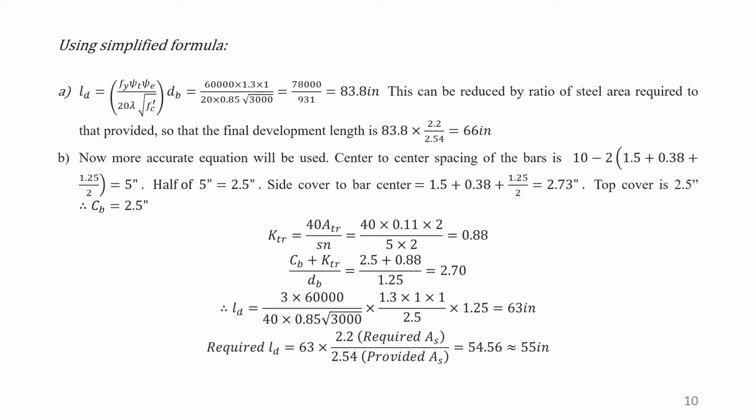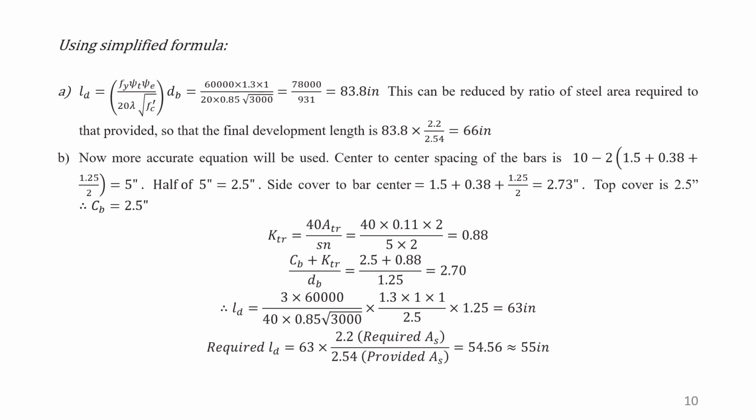Side cover to bar center is 1.5, which is actually the clear cover, plus 0.38, the diameter of the stirrup, plus half the diameter of the bar, 1.25 divided by 2, and that is equal to 2.73, and the top cover is 2.5.